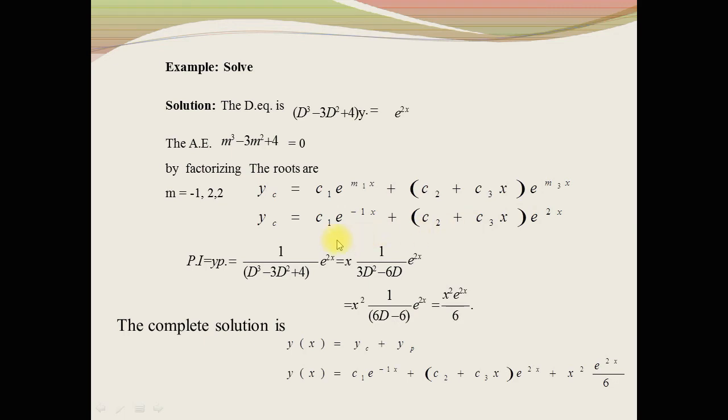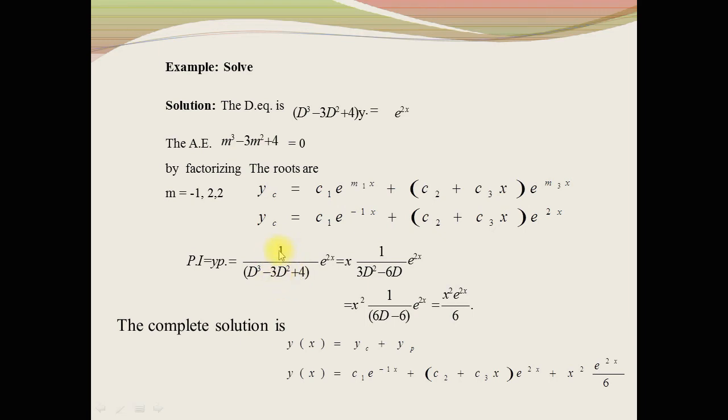Now for the particular solution, yp, shift this differential operator into the right hand side. We can write 1 over (D^3 - 3D^2 + 4) into e^(2x). Now replace this D by 2. 2^3 means 8, 4 is 12, and 2^2 is 4, times 3 is 12, so 12 minus 12 is equal to 0.